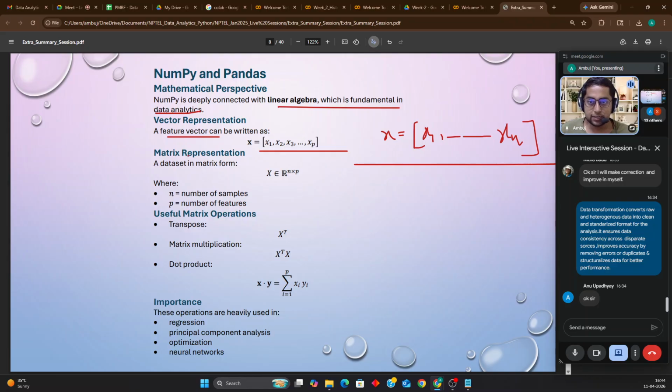Then matrix representation, a dataset in matrix form, like X belongs to the relation R. R follows a relation of size n cross P. N is the number of samples. P is the number of features.